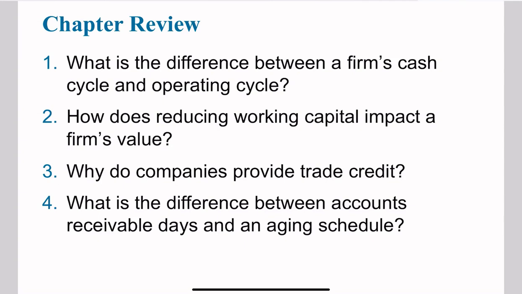The accounting formula for operating cycle is operating cycle equals inventory days. Okay, I'll just use IVD to refer to inventory days. So operating cycle equals inventory days plus accounts receivable days, right?